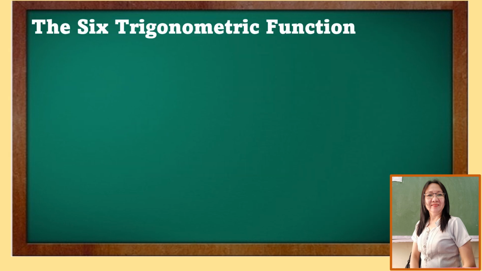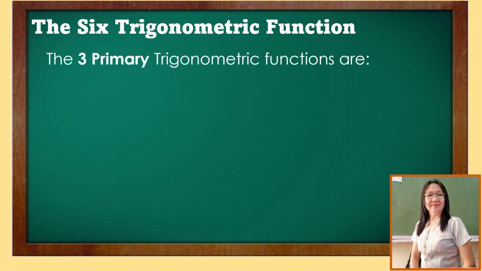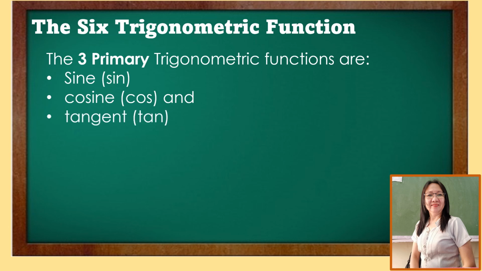Now let us have the six trigonometric functions. The three primary trigonometric functions are the sine, whose symbol is SIN, the cosine, COS is its symbol, and the tangent, wherein we're going to use the symbol TAN.